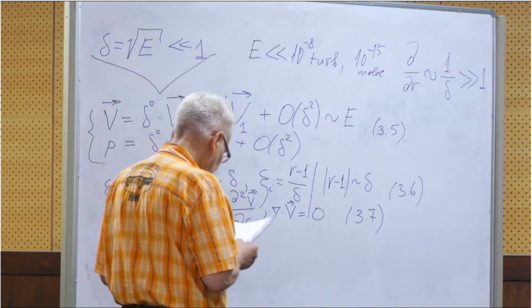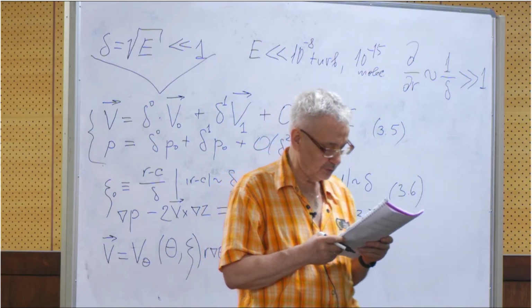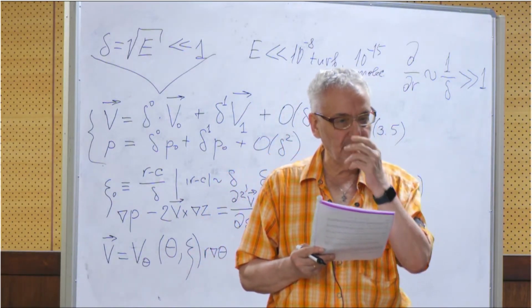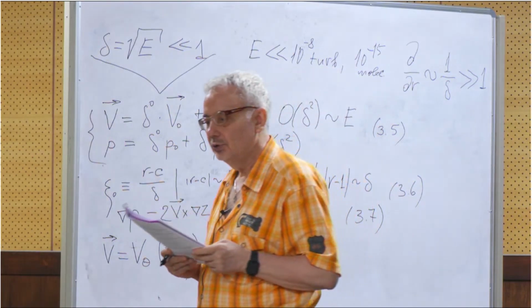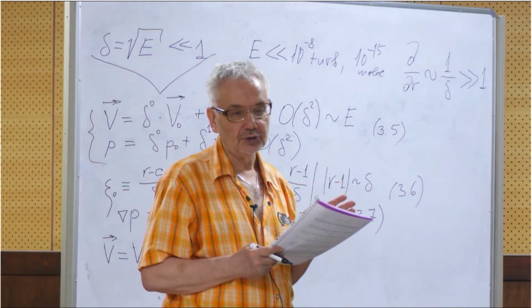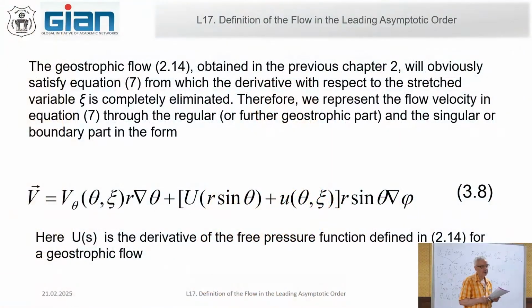And there is, as I already told you, another component of the velocity, because due to the non-penetration condition, we cannot consider here the r component of the velocity, because it should vanish. In this very small boundary layer, from the r component, we only later involve the derivatives.